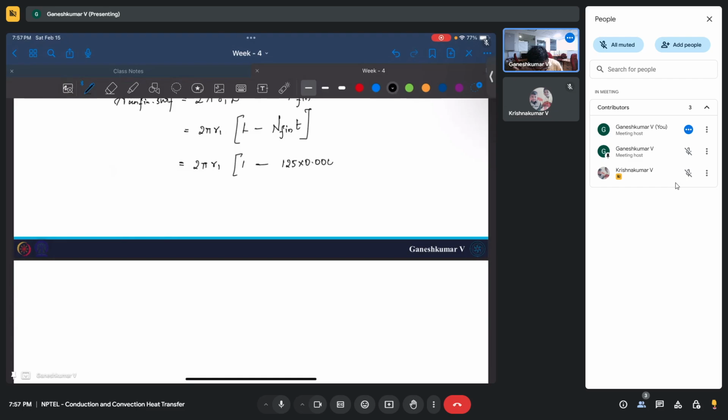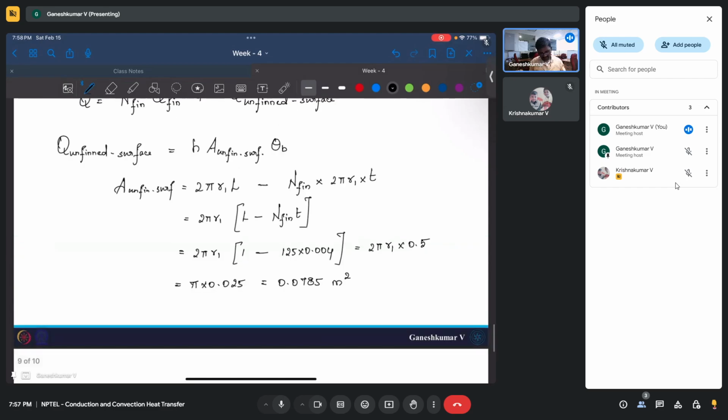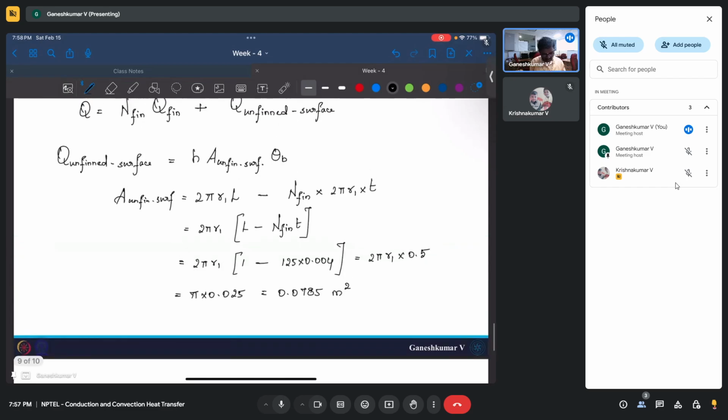So I think this comes out to be simply pi times 0.025, and that is 0.0785 meter square. This is the area which is not finned, and that is available for convection.